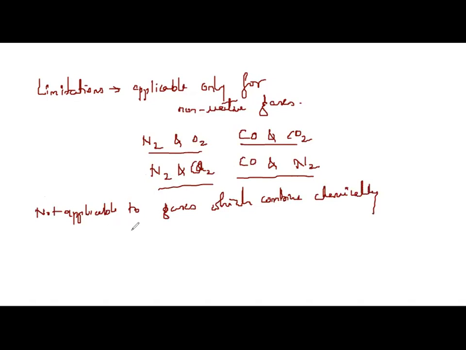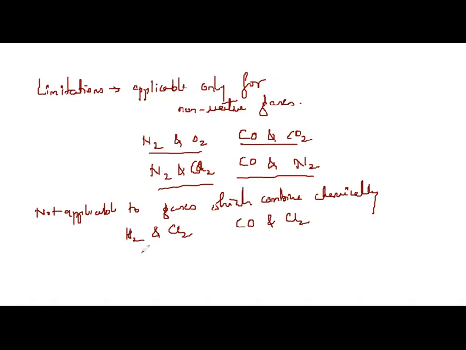For example, you cannot take two gases H2 and Cl2 and say P total is equal to P1 plus P2, partial pressure of H2 plus partial pressure of Cl2, because they will combine chemically and form HCl. Similarly, you cannot take CO and Cl2. It will form COCl2 gas.